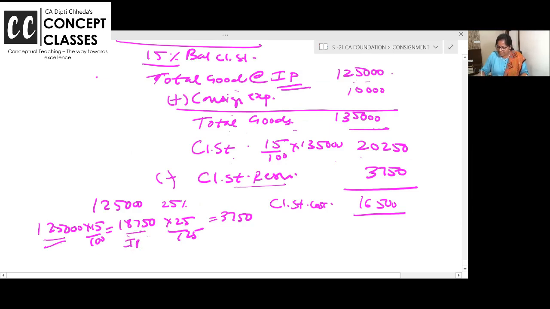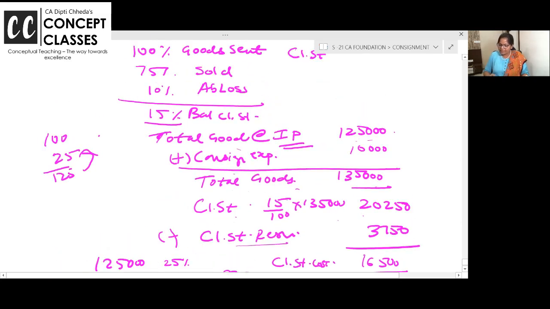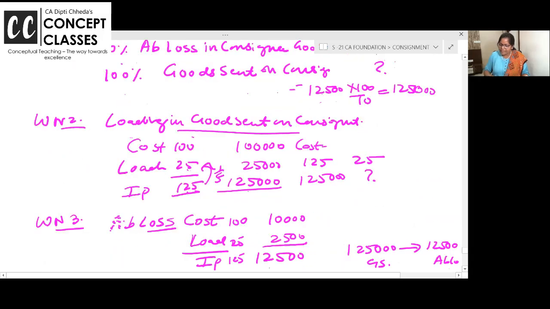So in 18,750 into 25 divided by 125, the loading is 25 in 125. So in invoice price, the loading is into 25 by 125. Loading should be deducted from this. Clear? 2250, 3750. Please write and complete.